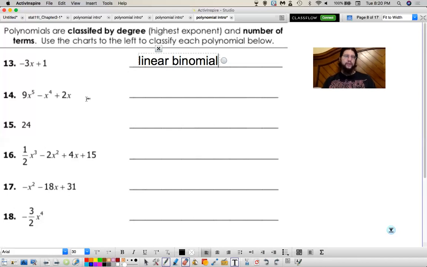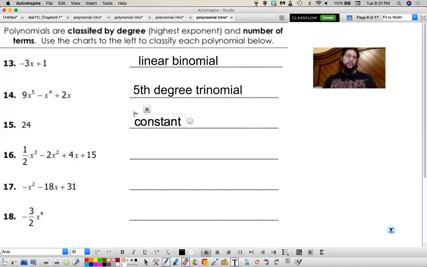How many terms do we have? 3 of them. Fifth degree trinomial. We got 1, there's a minus sign, 2, there's a plus sign, 3. That's a constant monomial. You get the idea.